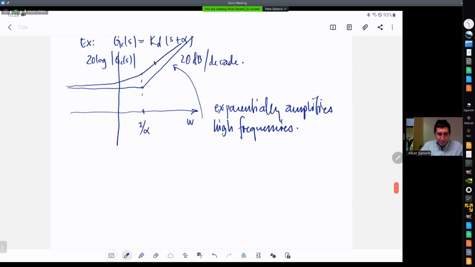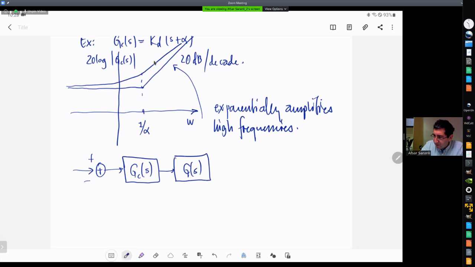Let me sketch that for you. So if you think about our controller residing here at its usual location, so this is our plant. Let's say this is y of t, and let's say I'm measuring y of t, but in here I have d of t, some high frequency noise.